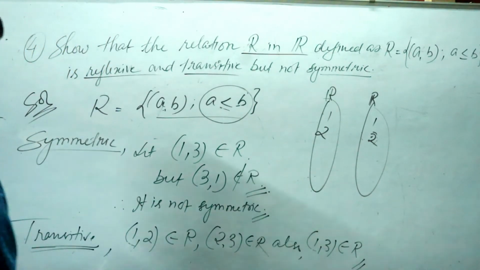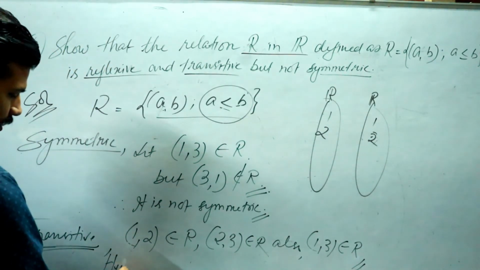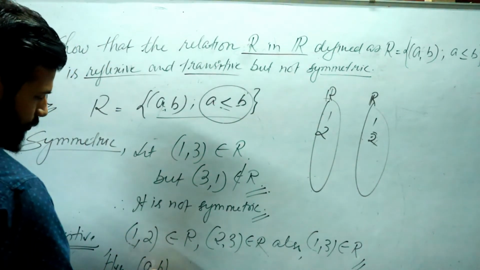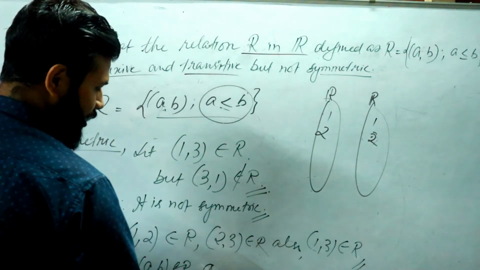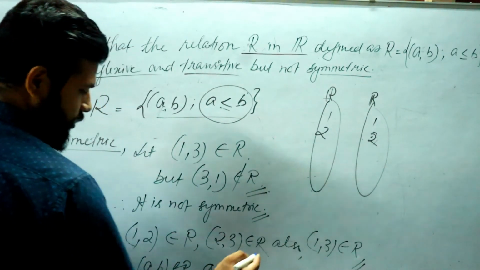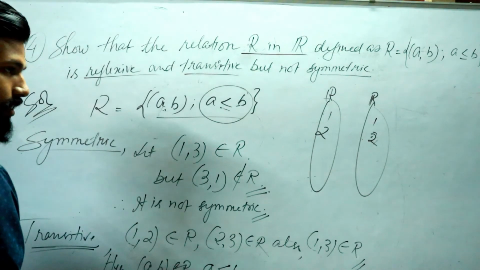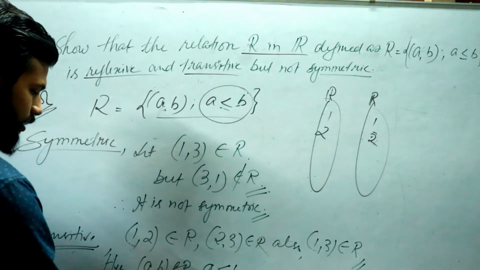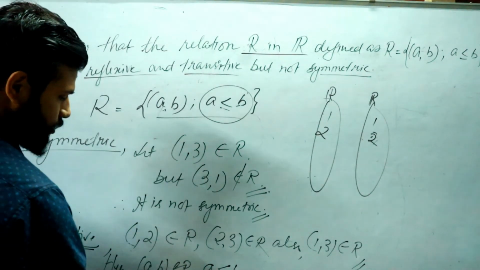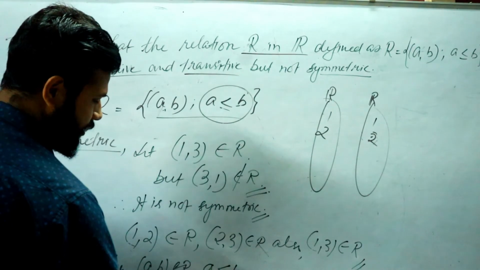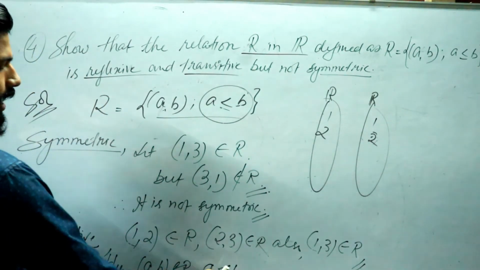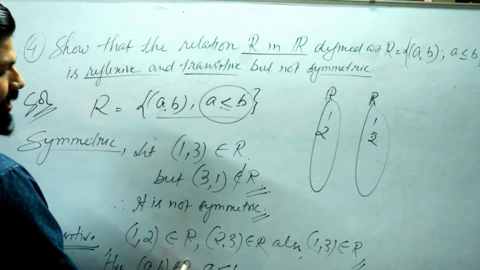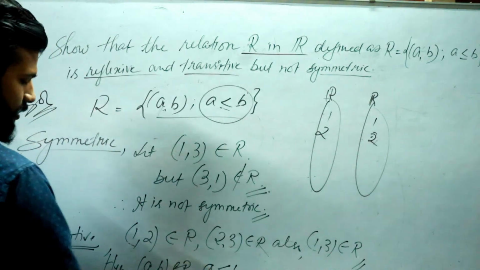That means here we can say that (a, b) belongs to the relation because a is less than b, and (b, c) also belongs to the relation because b is less than c. If a is less than b and b is less than c, definitely a will be less than c.